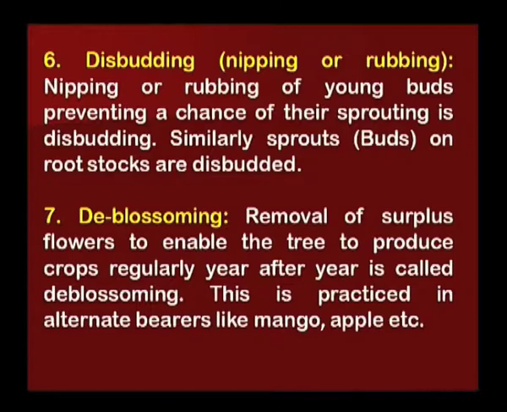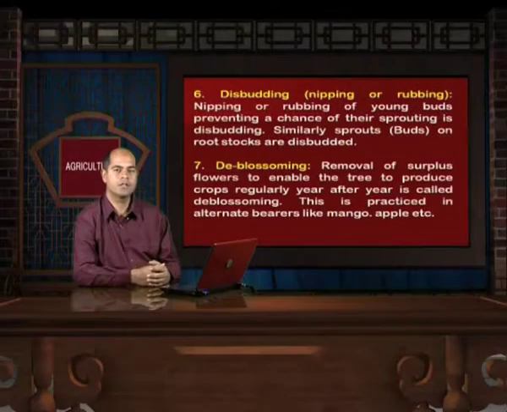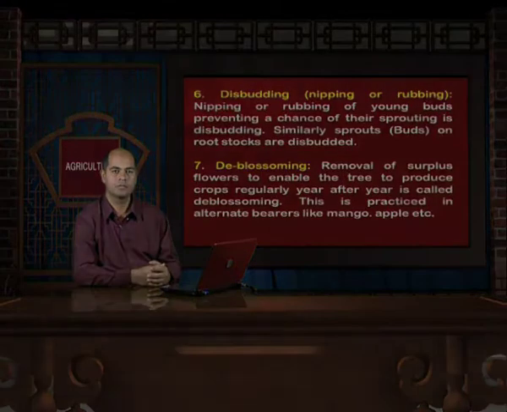This is practiced in alternate bearers like mango, apple, etc. So we have learned in this slide that removal of young buds is called disbudding and removal of surplus number of flowers is called deblossoming, and both these activities help trees to produce more flowers and fruits.